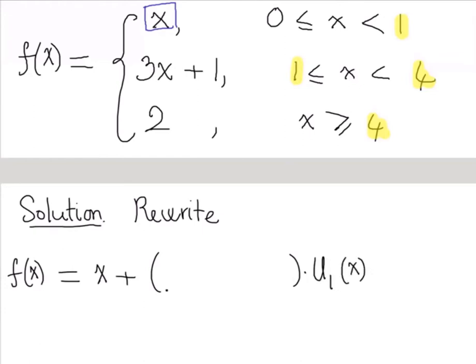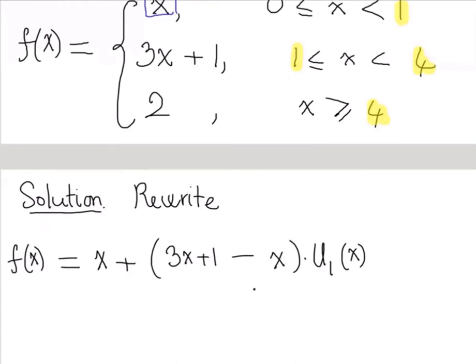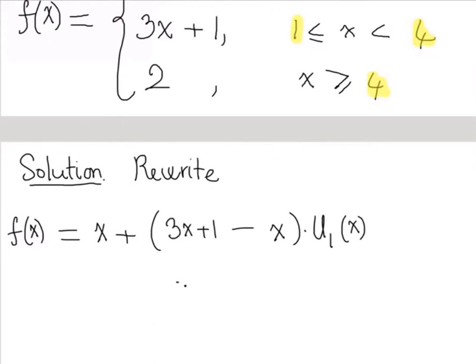And the factor in front is the difference between the two formulas. The new formula is 3x plus 1, and the previous one is x. So I need to subtract the two formulas to get that. And then we also have u4 of x. The new formula is 2, subtract the previous formula in parentheses 3x plus 1.